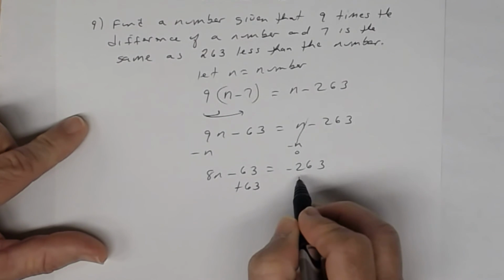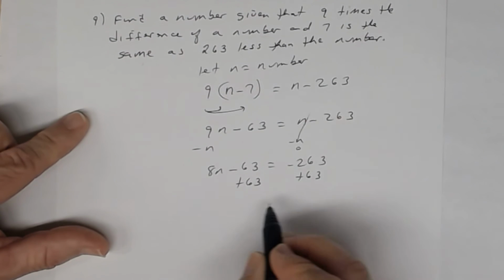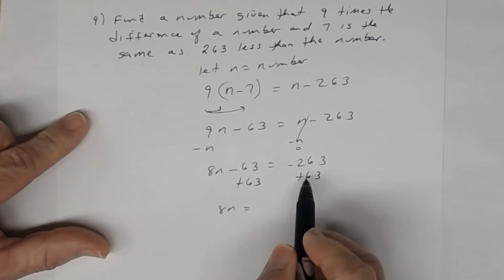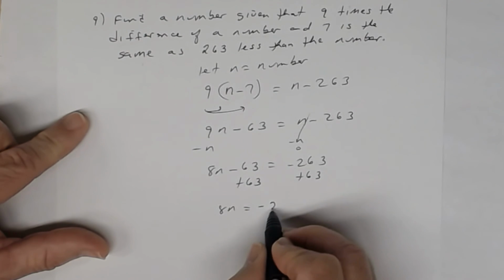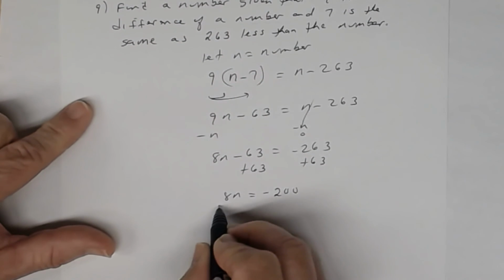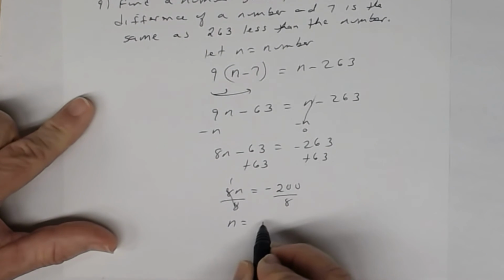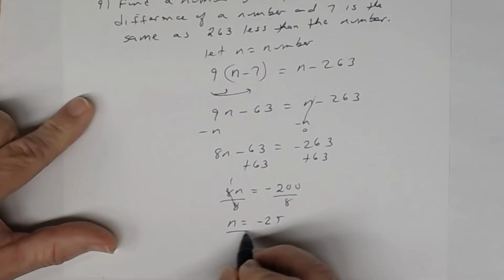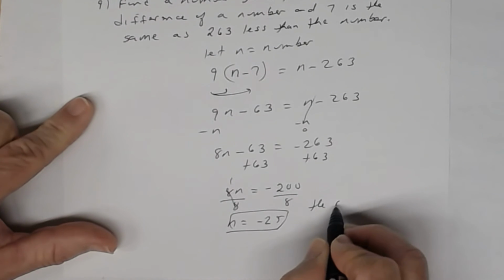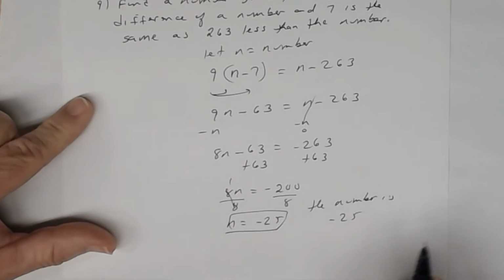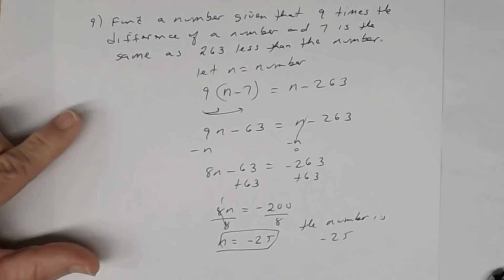Adding 63 to both sides, I get 8n equals a negative 263 plus 63 is a negative 200. And then finally dividing both sides by 8, I found my number to be negative 200 divided by 8 is a negative 25. And so you'd say the number is negative 25. Okay? All right, so that was number 9.